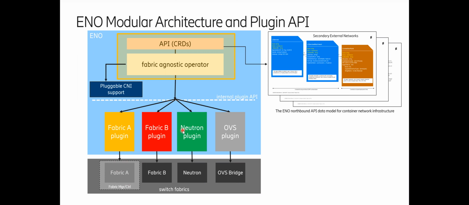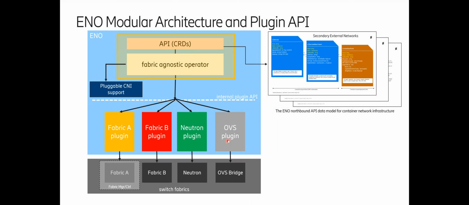We are currently running a POC where we are testing it out with an OVS bridge, and we have developed a dummy OVS plugin, if I call it that, and I put a link to the GitHub repo as well.